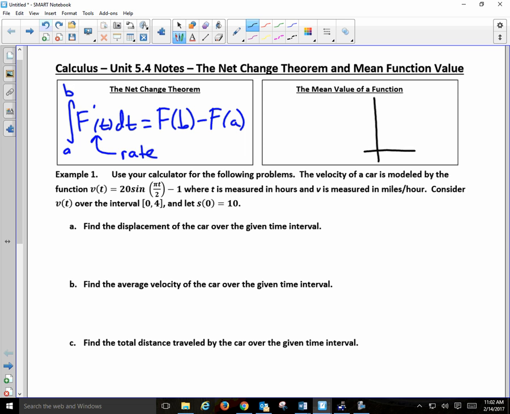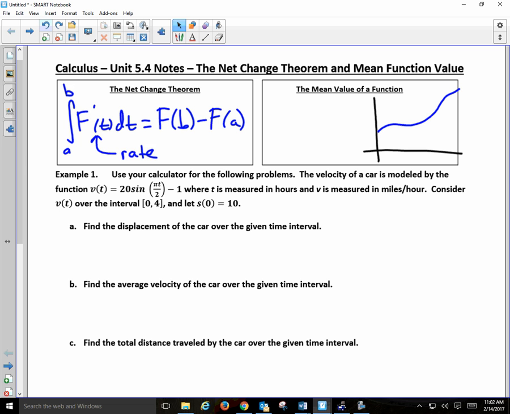Okay, so if we have just a graph and I draw a function, the question is the mean value of the function. We talked about the mean value theorem for the rate of change, but this is the actual mean value of the function, so the average height of the function.